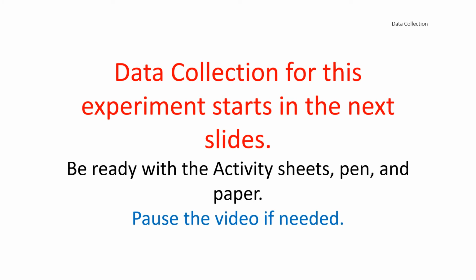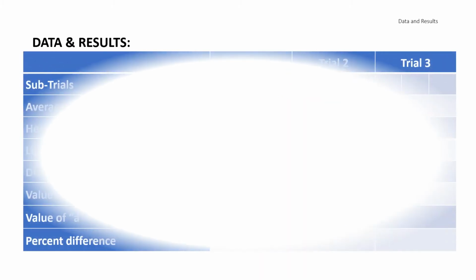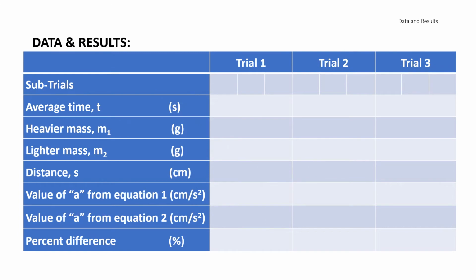In those instances, you may pause the video. This table is the same as the table in the activity sheets. Record your measures and observations here. Note that there will be sub-trials for every trial to lessen the error in taking the time using the stopwatch.